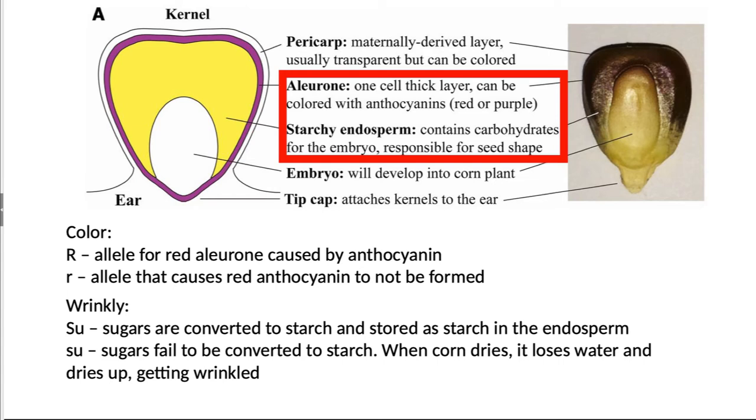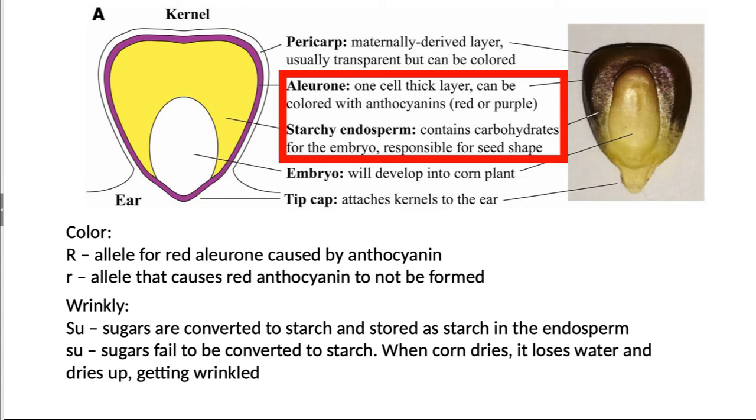Let's think for a minute about what we mean by being dominant. Remember, in past lessons we've learned that dominance basically means, what does the heterozygote look like? Now, in this case, a heterozygote will have a big R and a little r allele, and as a result, it will be able to produce anthocyanins. As a result, it will be purple. And so we consider the allele that allows the production of anthocyanin to be dominant, because the heterozygote looks just like the dominant homozygote.